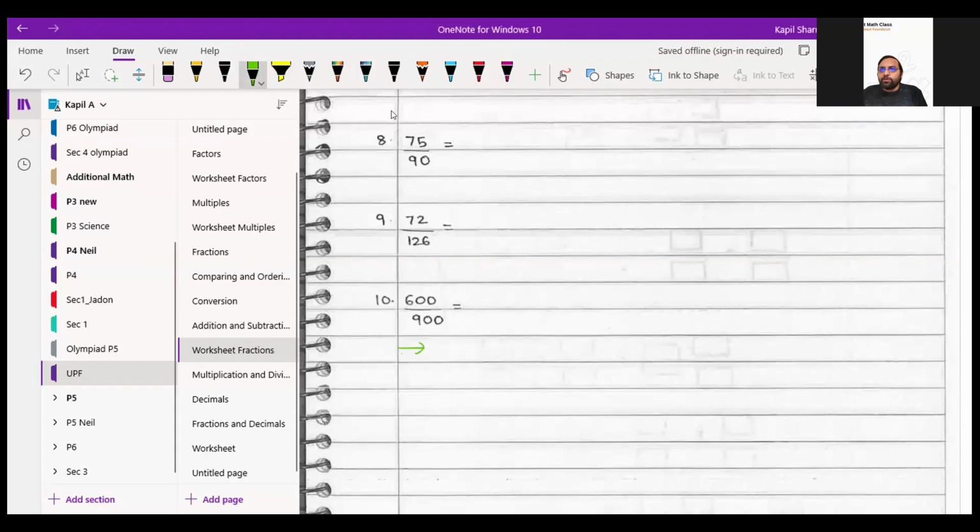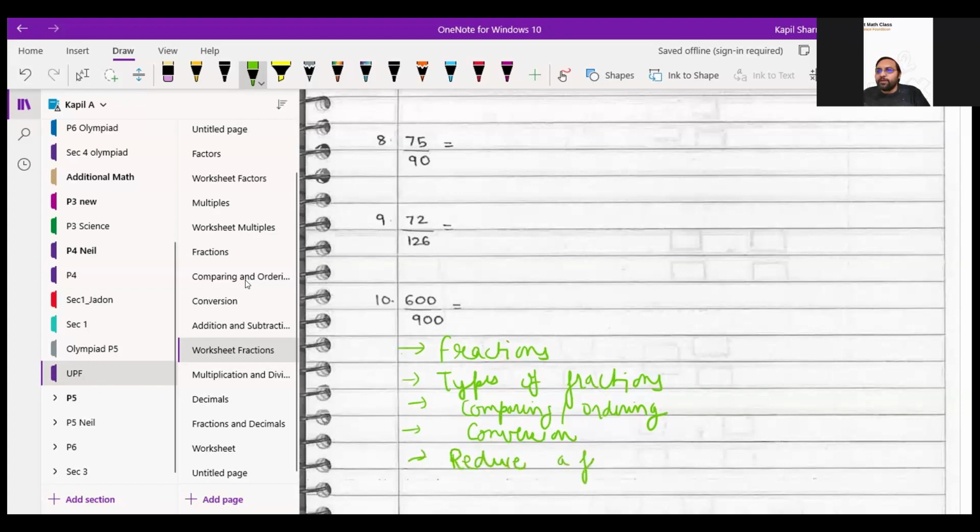So far we have talked about what fractions are, different types of fractions, then comparing, ordering fractions, then conversions, and how to reduce a fraction to its simplest form. Also, we discussed addition and subtraction.